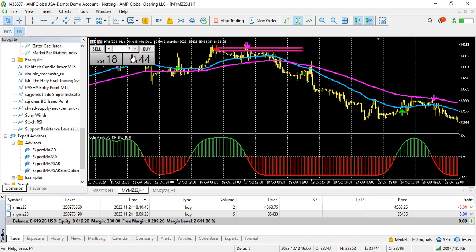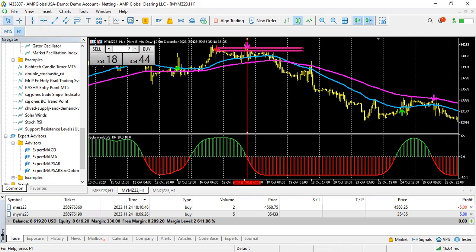So what we have here is our support and resistance indicator giving us a resistance on the hour. So there's a resistance here, right? Then we got another confirmation with our trend point indicator, our BC trend point.